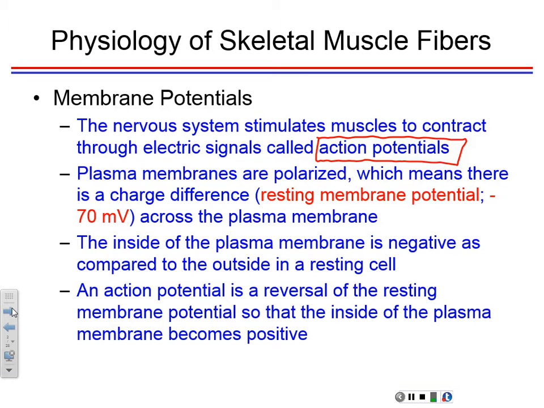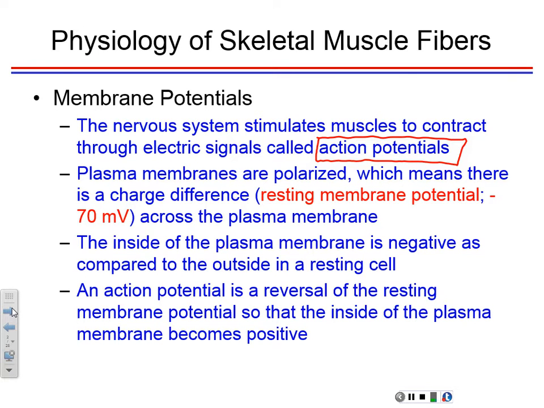So when the membranes are at rest, they are said to be polarized. Polarized means you have separate charges. It means one side of the membrane is more positive and one side is more negative. So when a cell, a muscle cell or whatever, is at rest, the membrane potential is minus 70 millivolts.